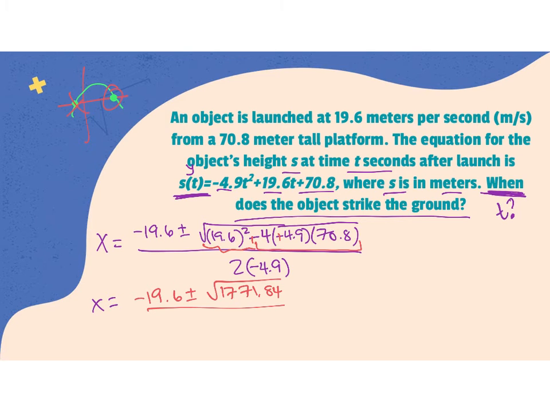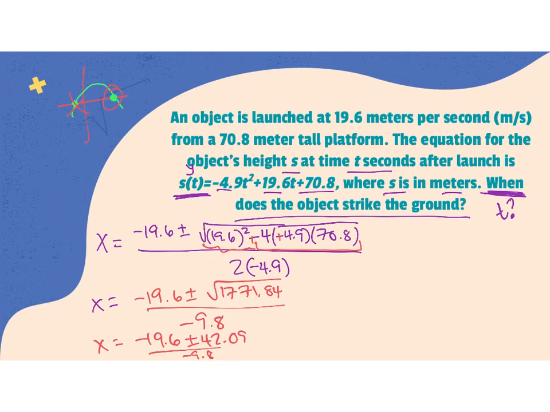2 times negative 4.9, that's negative 9.8. All right, so now take the square root of that 1,700 number. So I'm going to take the square root of 1,771.84, and I get 42.09. So negative 19.6 plus or minus 42.09, all divided by the negative 9.8.